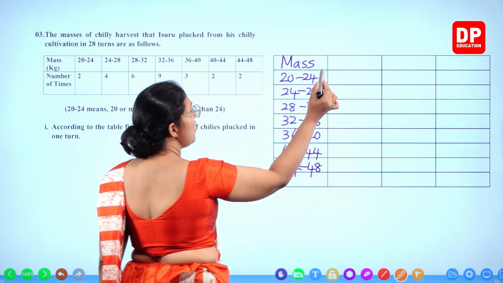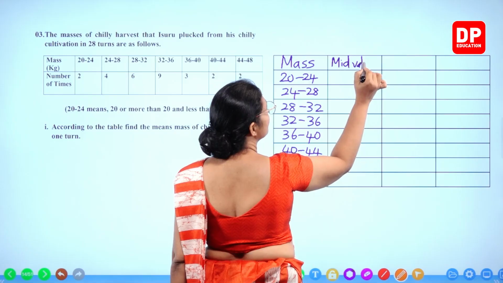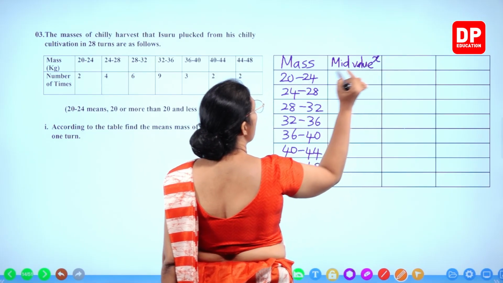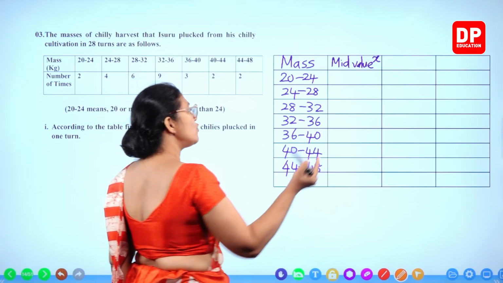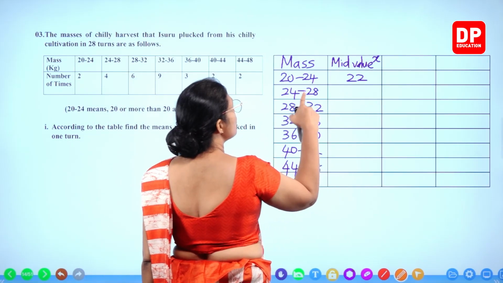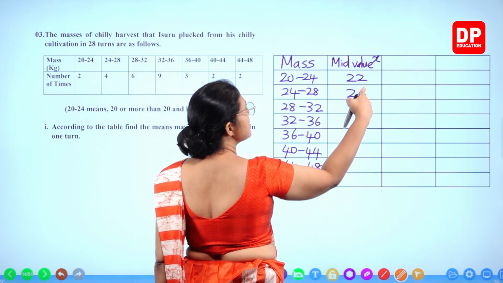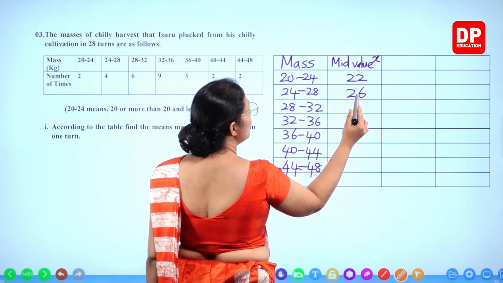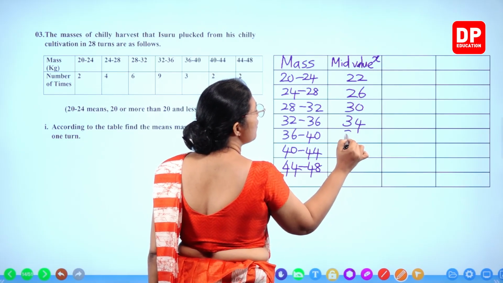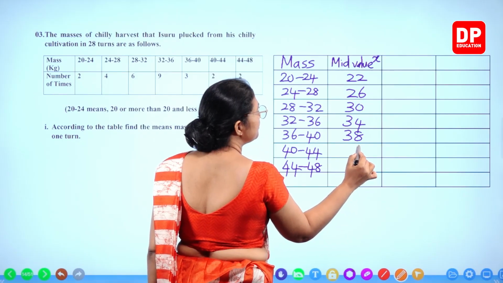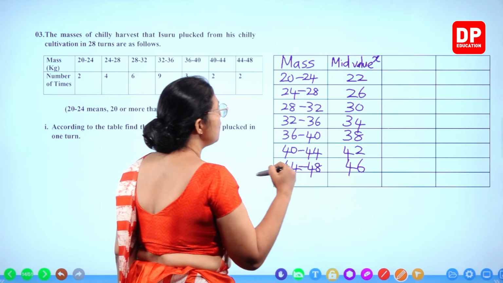And we can find the mid value, that's x. Add and divide by 2. 20 plus 24 divide by 2, so you get 22. 24 plus 28 divide by 2, 26. You can see it's increased by 4. So let's add 4. 34, 38, 42, 46.